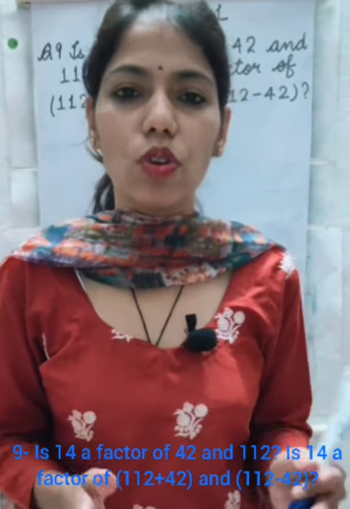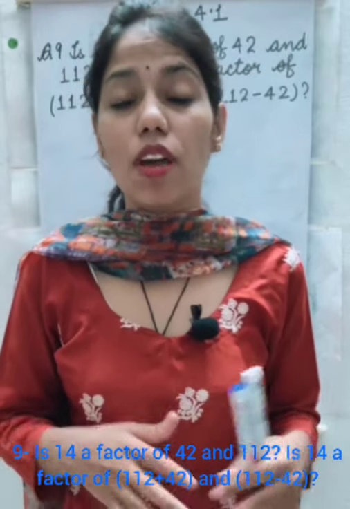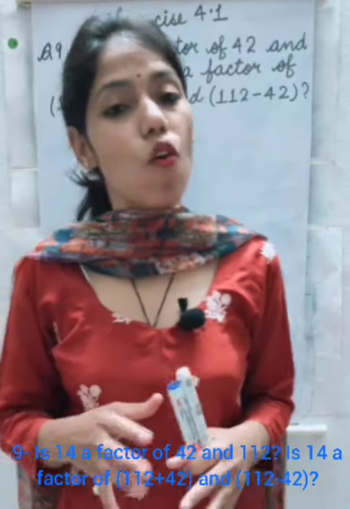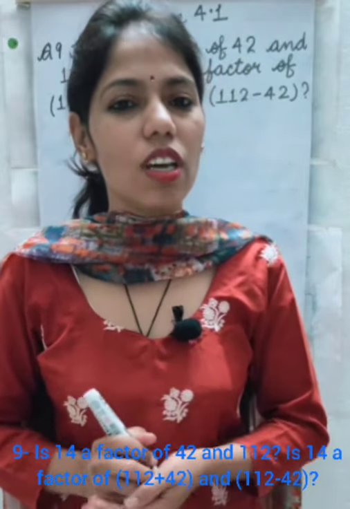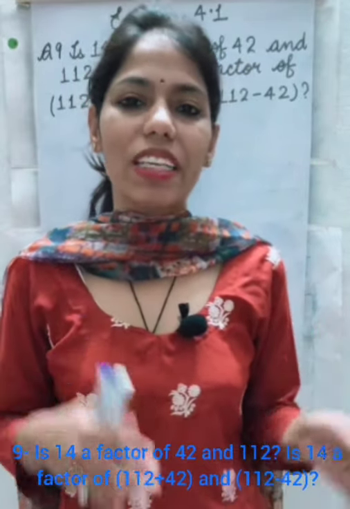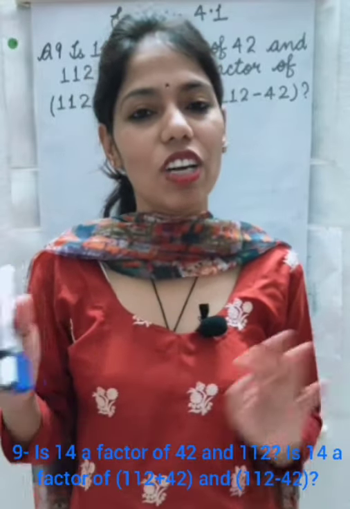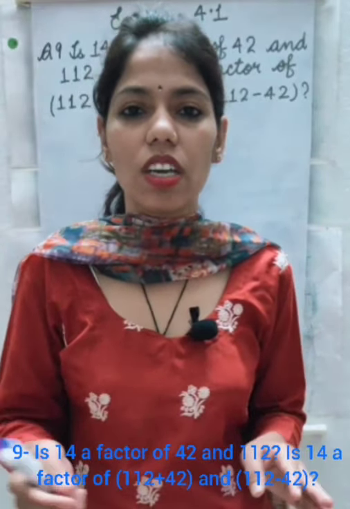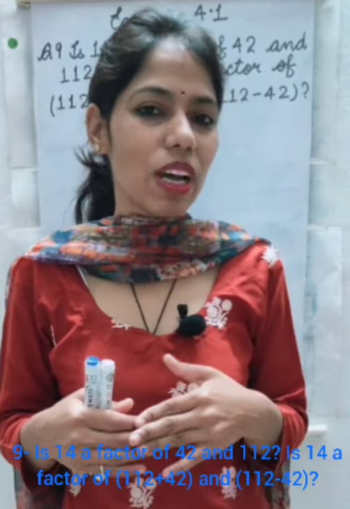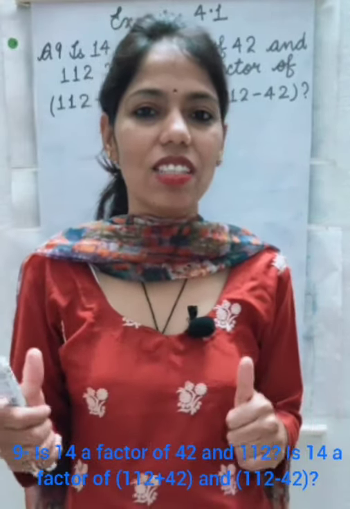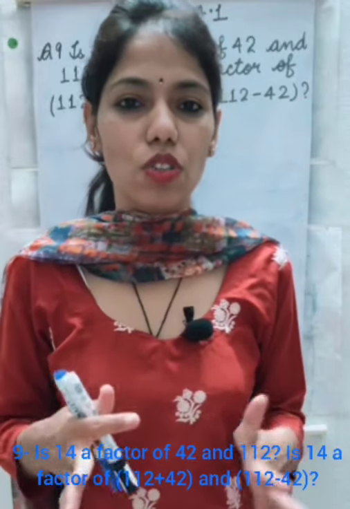So what we have to do in this question is find out whether 14 is a factor of 42 and 112, and we will find it out by dividing 42 and 112 by 14. If 42 and 112 are completely divisible by 14, then we can say yes, 14 is a factor of these two numbers.